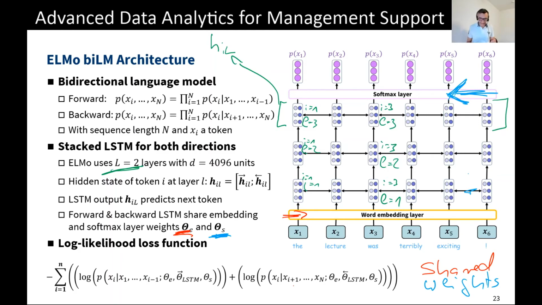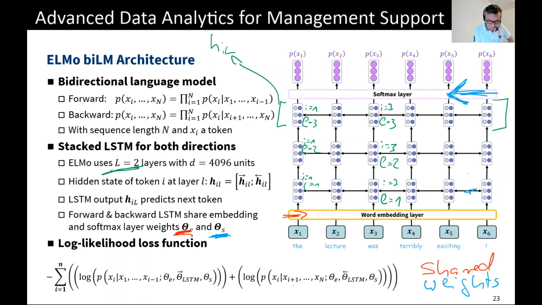And for the training, ELMo uses the log likelihood loss function, log loss, which is basically just the negative of the sum of the forward and the backward path. Right, we have forward.